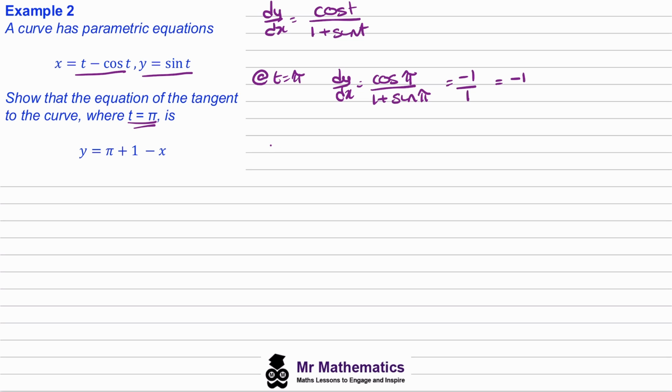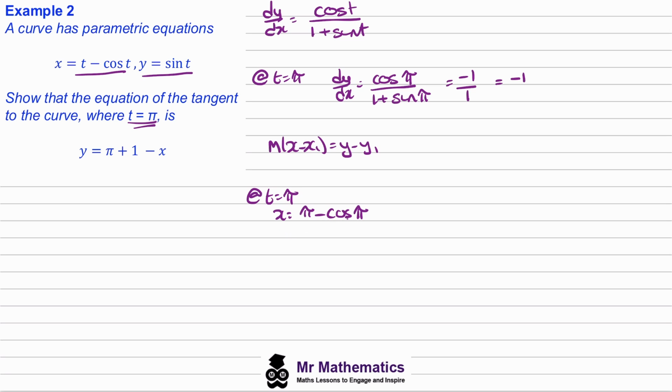And we know the general equation for a straight line is m multiplied by x minus x1 will equal y minus y1. But we don't know x1 or y1. But we can work these out by substituting pi into each of the equations for x and y. So at t equals pi, x will equal pi minus cos pi.